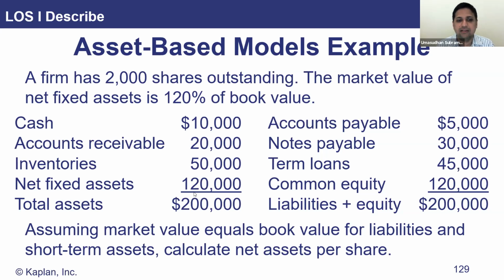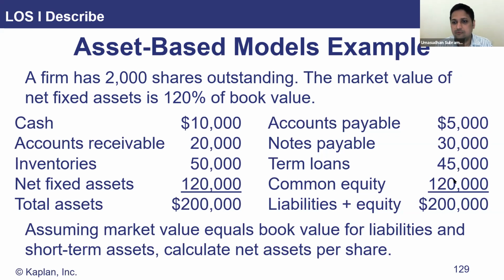So you have 120, that becomes 144. So the fair value difference is only $24,000, not 120%. That 24 will get added to your common equity.